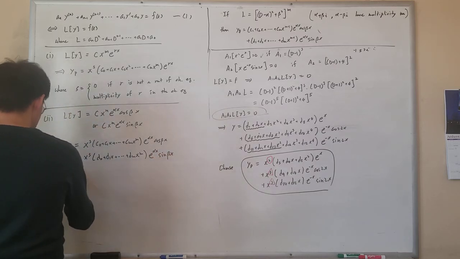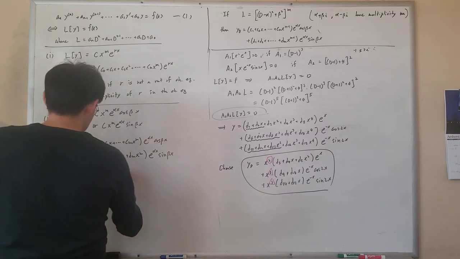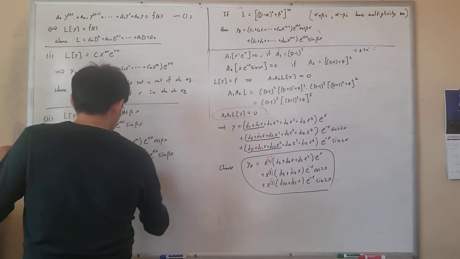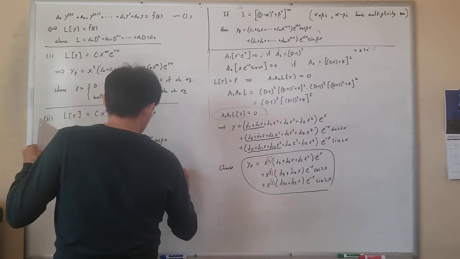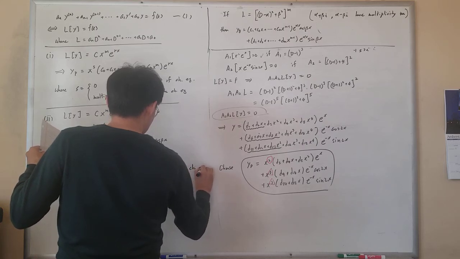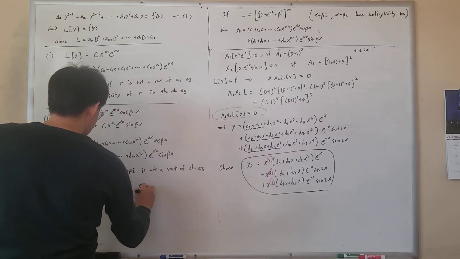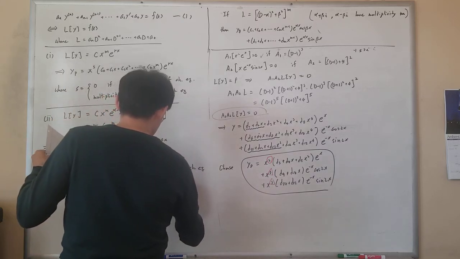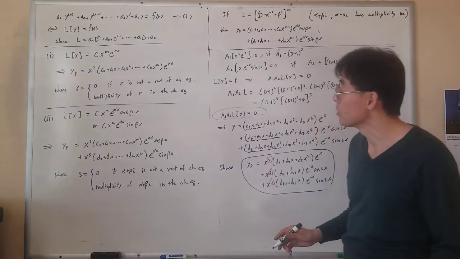Same thing: s equals 0 if alpha plus or minus beta i is not a root of the characteristic equation, or else the same multiplicity of alpha plus beta i in the characteristic equation. So this is the conclusion, right?